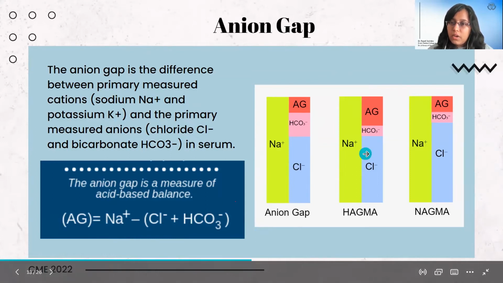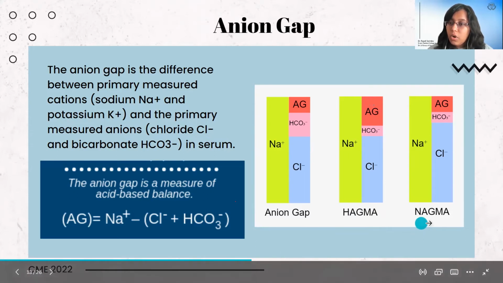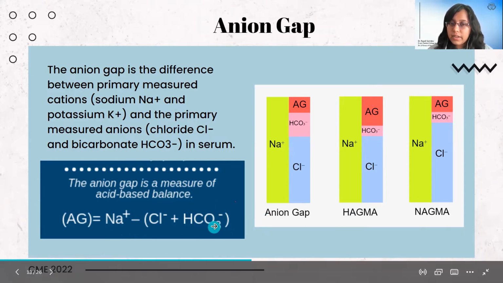So when I talk about high anion gap, that means the difference between your positive and negative ions is greater, right? Bigger difference. When I talk about normal anion gap, that means the difference between your positive and negative ions has not changed much. It's still normal, right? So that's what anion gap is. Very simple, positives minus negatives.